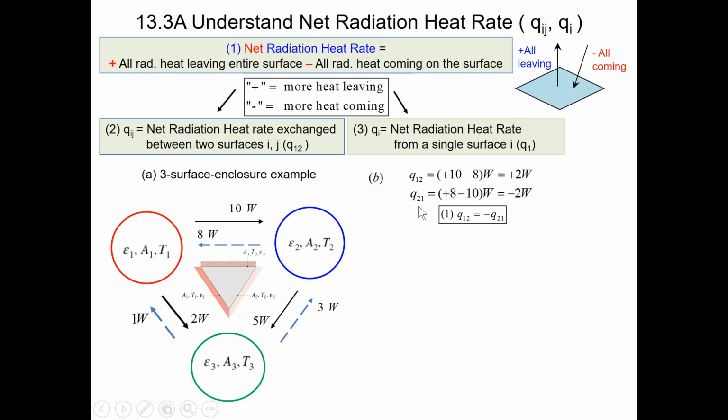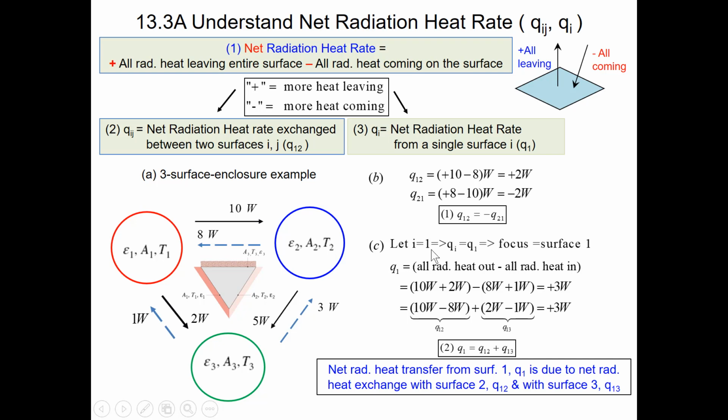Similarly, Q21 represents all radiation heat leaving surface 2 into surface 1 minus all radiation heat coming on surface 2 from surface 1. By checking, these two net radiation heat rates have the same magnitude but opposite direction.